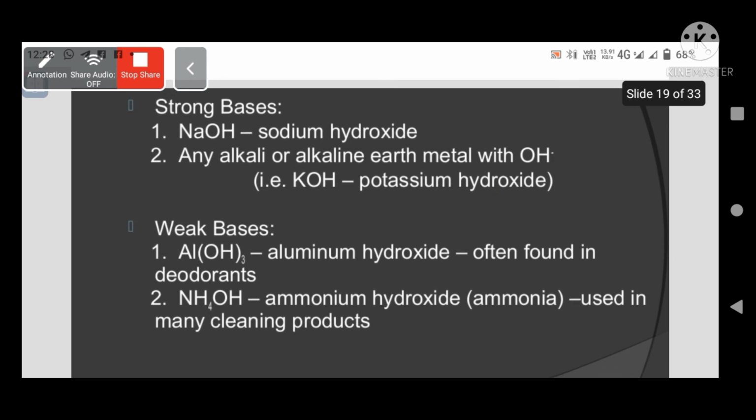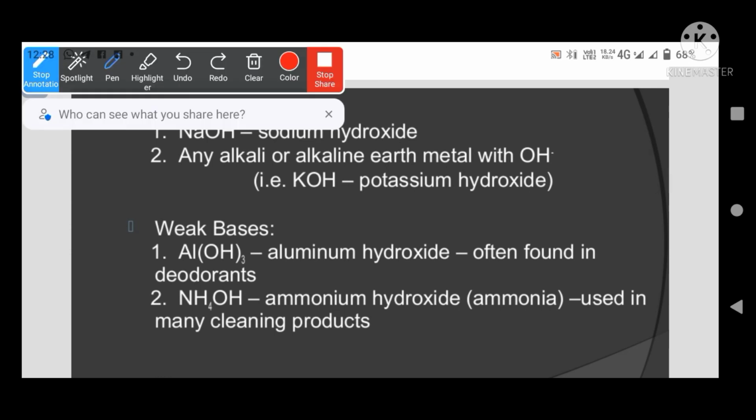Next are strong bases. Which are the strong bases? The first is NaOH, sodium hydroxide. Any alkali or alkaline earth metal with OH, meaning OH minus ions, for example potassium hydroxide.